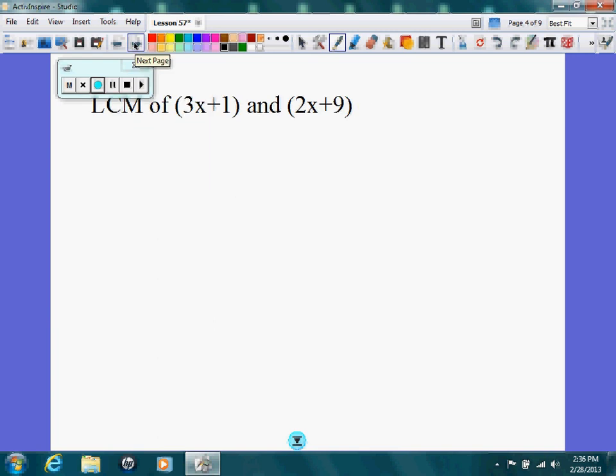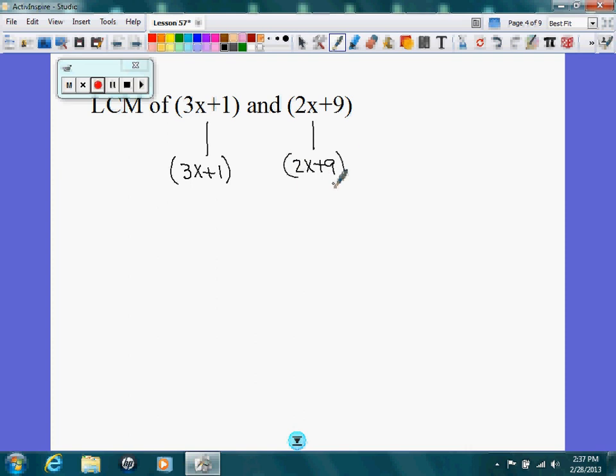What about the least common multiple of these 2 binomials? Well, what are the prime factors? There is only one prime factor here, 3x plus 1. The x is not a prime factor of the entire expression there, so the prime factor is 3x plus 1. The prime factor here is 2x plus 9.